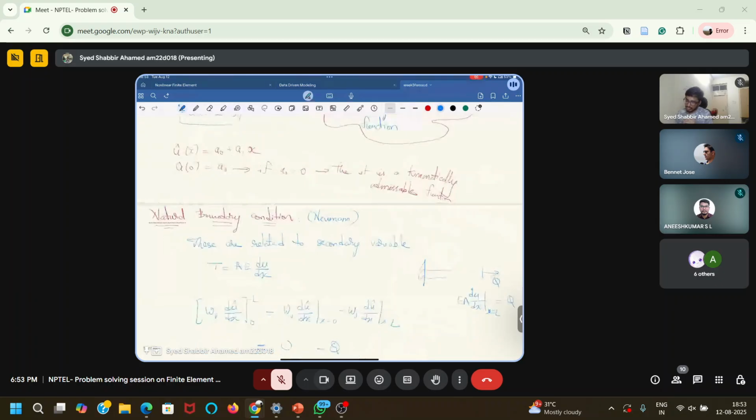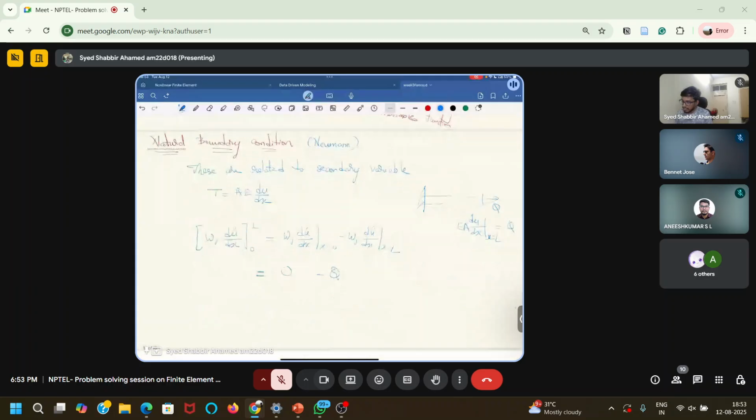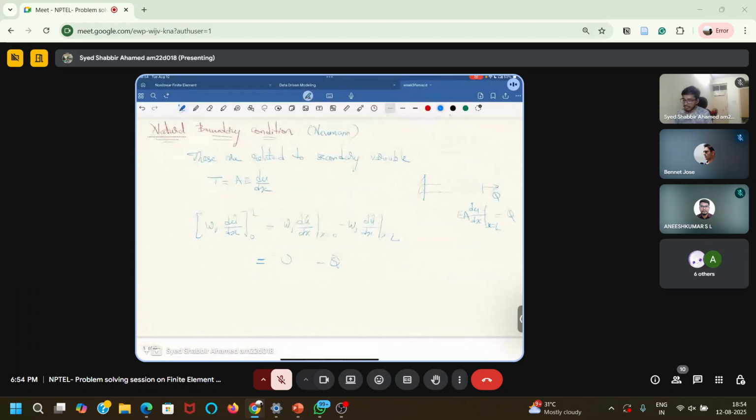That is a very simple process. You can see the example which was solved in the class, and you can do it. Now the problem becomes very simple.